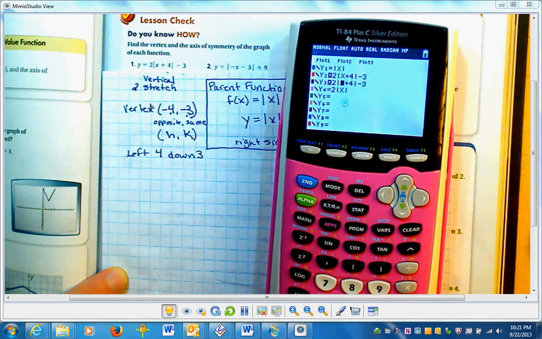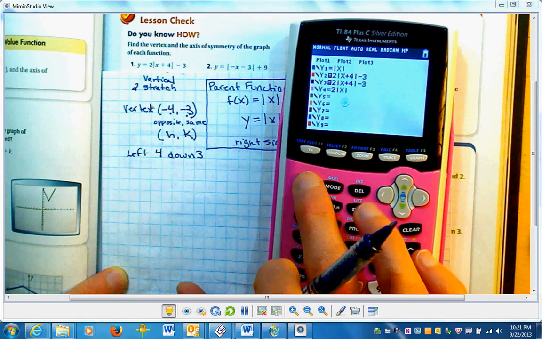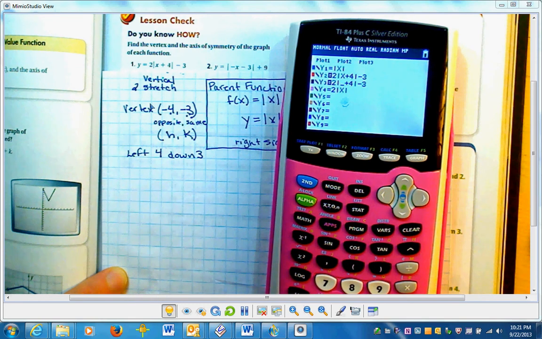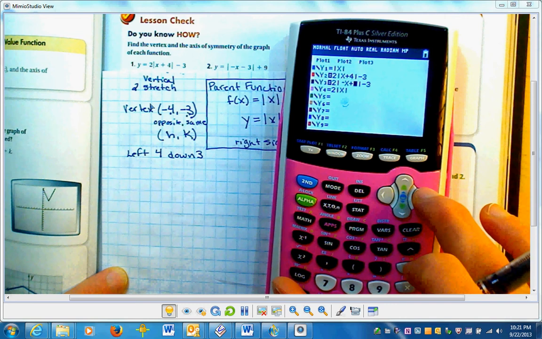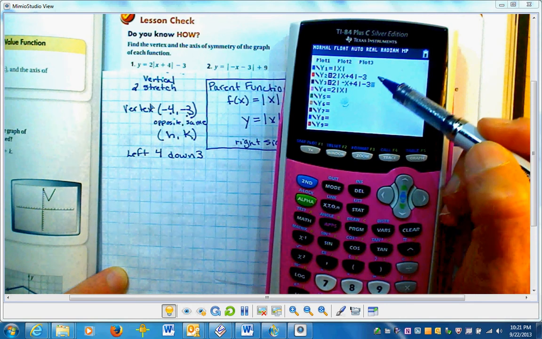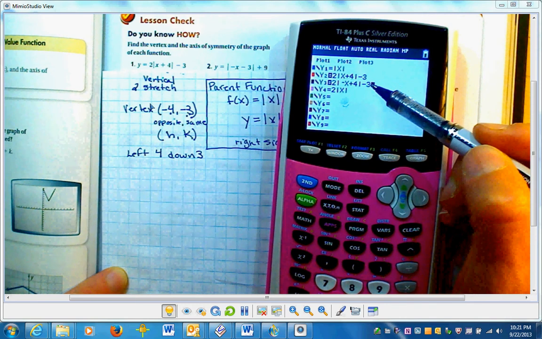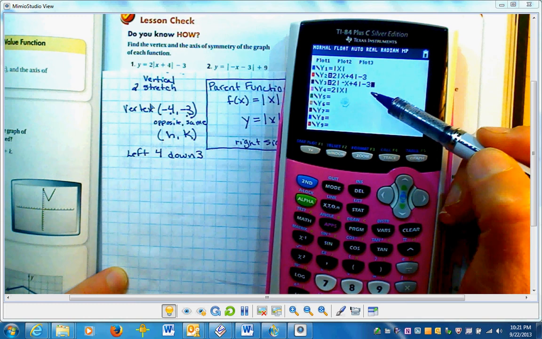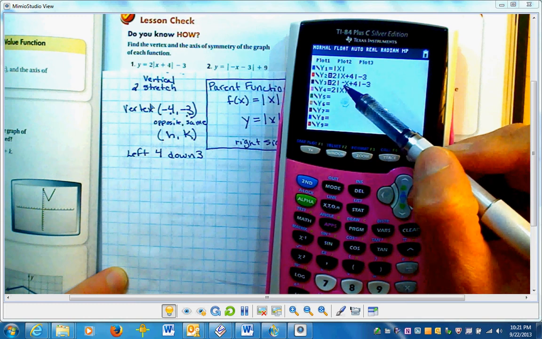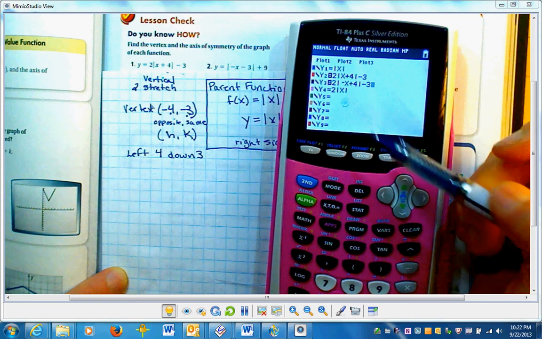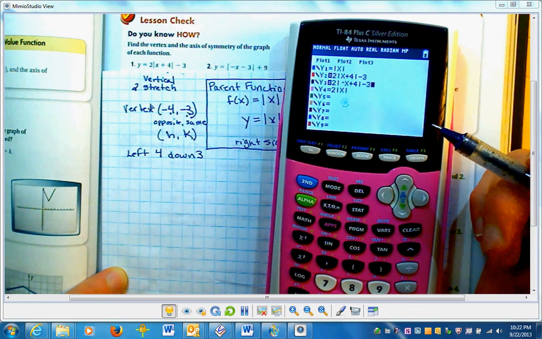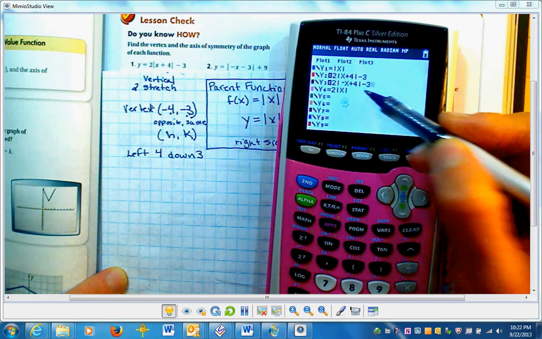I'm going to go inside my absolute value, and I'm going to go second, insert, and I'm going to put a negative right in front of that x. So you can see y2 and y3 look very similar. It's just that there's a negative in front of that x right there, where in y2 there isn't. So let's see how that changes my y2 from my y3.